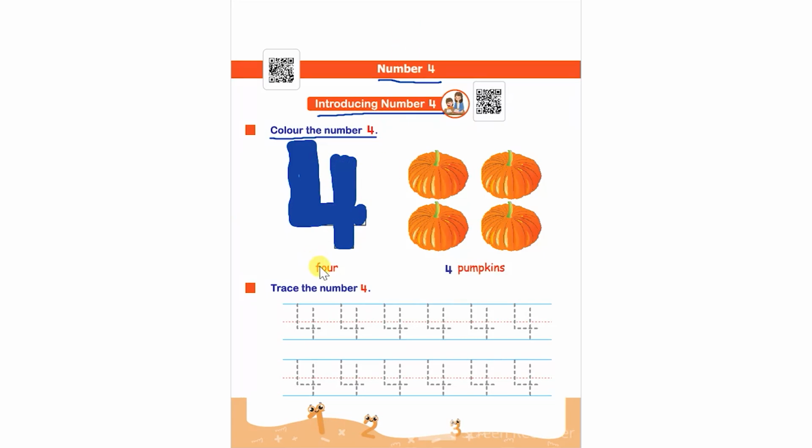After that, please let them read this 4, and over here please emphasize them to look at these 4 pumpkins. After that they have to trace the number 4. So they have to complete doing the tracing practice like this in the 2 given rows.